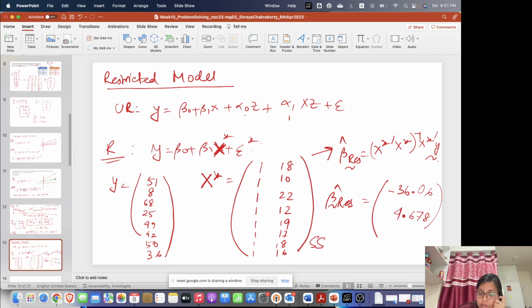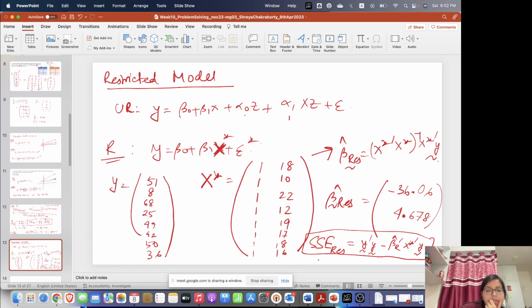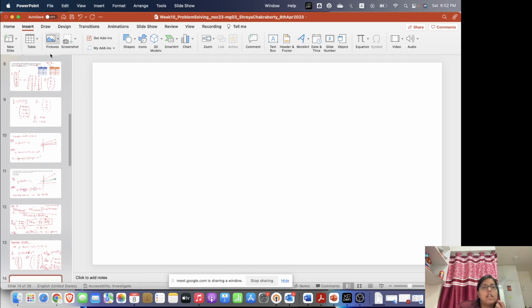Then the sum of squares error from the restricted model would be the same formula: y transpose y minus beta restricted transpose x star transpose y. Just remember this formula, okay? This is very important. So then we would get this as 69.08413.